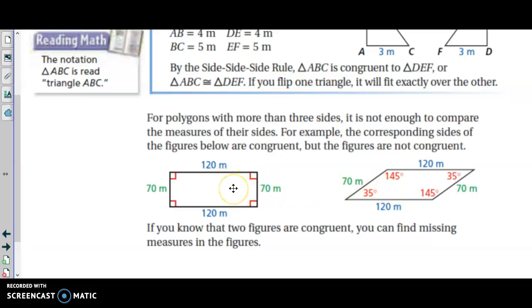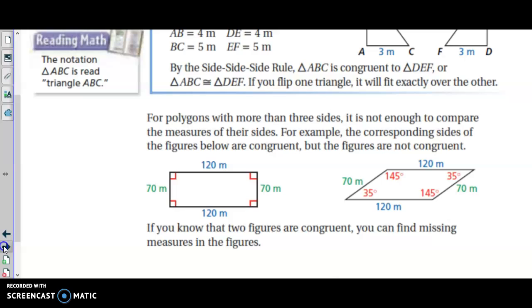This quadrilateral, a rectangle, is not congruent to this quadrilateral, a parallelogram, because their angles are not the same measurement. Therefore, they are not congruent. But finding the missing angle measure does hold true as well, using our angle sum formula.